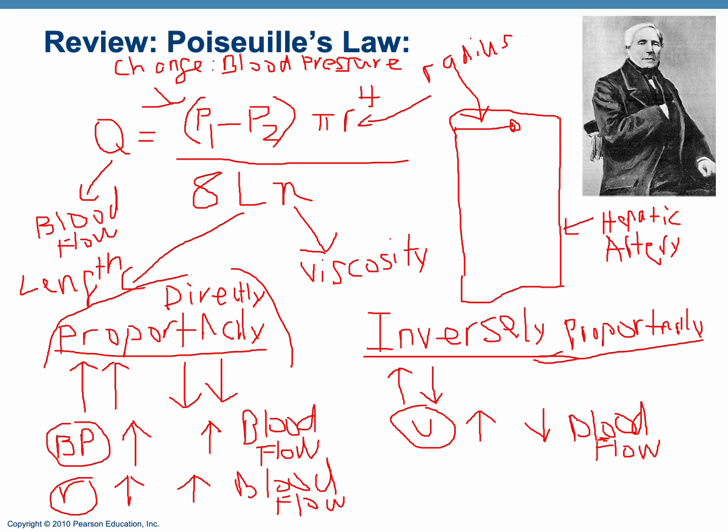Likewise, if the overall length of the blood vessel increases, so length here. So if the length of the blood vessel increases, the net result is that if you increase the length, eventually that blood flow will decline. Okay?